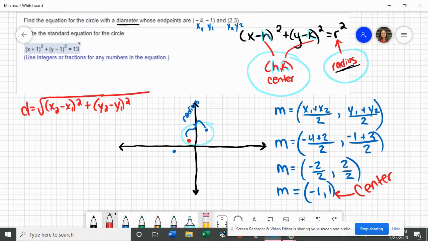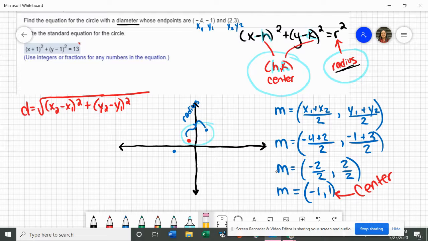Now, this is one of those equations that you really need to know for algebra. Midpoint is very important in algebra, and distance is another one of them.